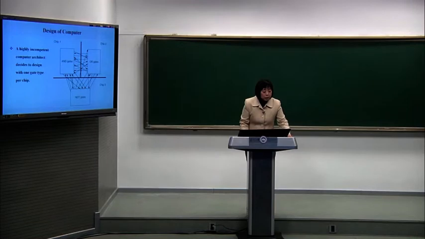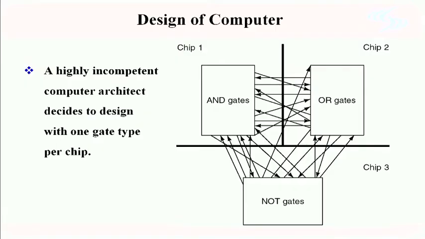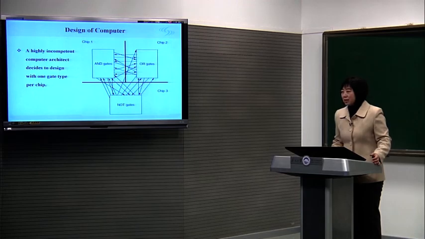Well, a highly incompetent computer architect decided to design with 1 gate type per chip. So the design will be this way. Chip 1: all the AND gates are in this chip, all the OR gates in one more chip, and all the NOT gates in another. What do you think about this design?